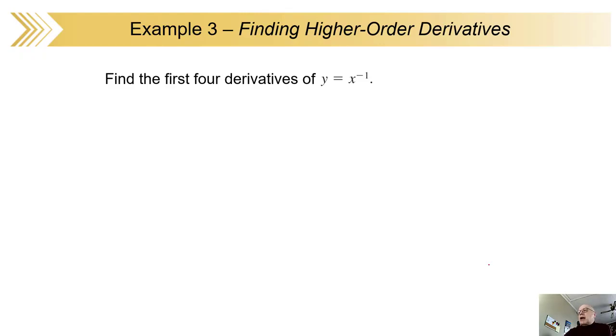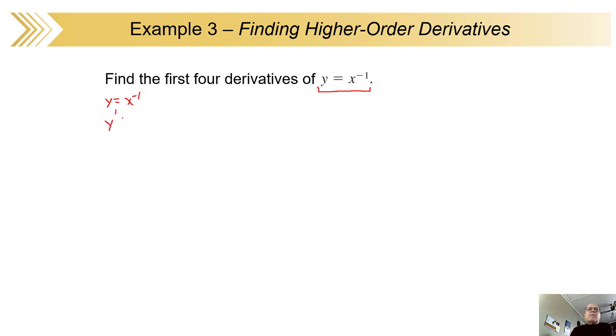Notice also that whoever made this example decided, ooh, this is Mr. Saylor's group. We're going to be nice to them. We're going to rewrite it before they actually get it. So here's our rewritten function, and we'll start taking the derivatives.